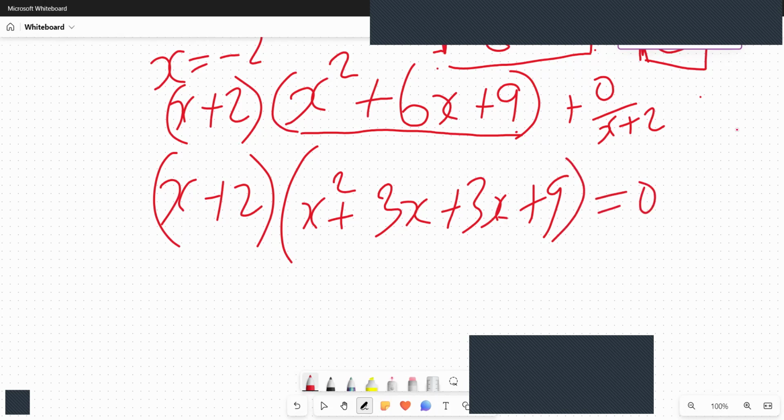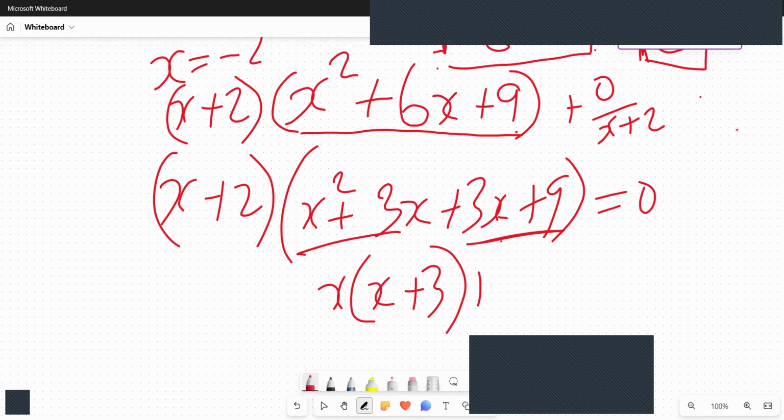I'm going to solve this by grouping, which means I have x times x plus 3 right here. Then I'm going to group this one too, so I have plus 3 times x plus 3, all equal to 0.